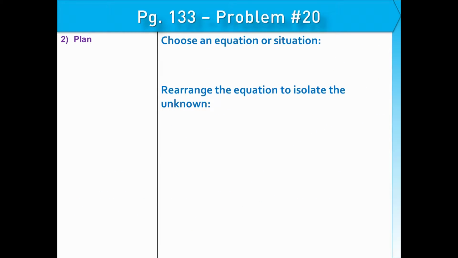So for this problem, we know we're dealing with friction here, so we're going to use the force of friction formula. Force of friction is equal, in our case, to the coefficient of kinetic friction times the normal force. But we also know that the force of friction is equal to the applied force. So let's go ahead and rearrange the equation.